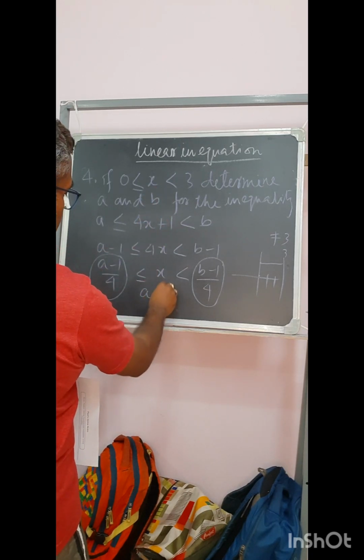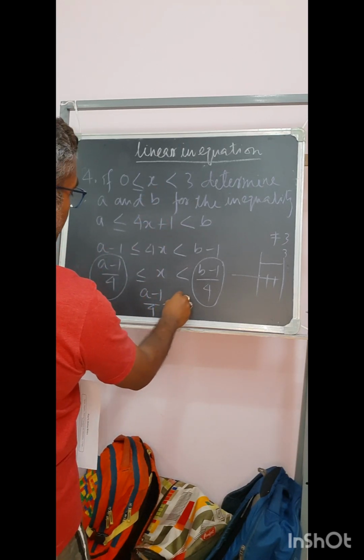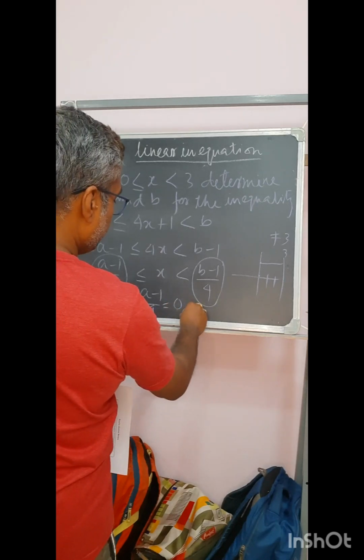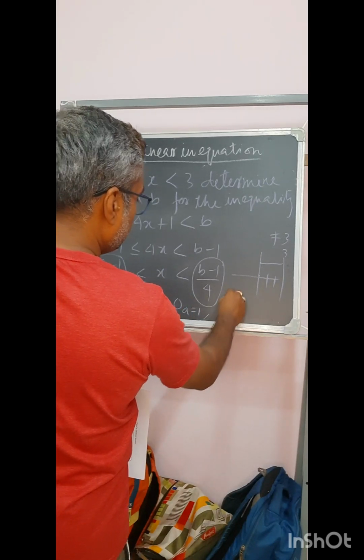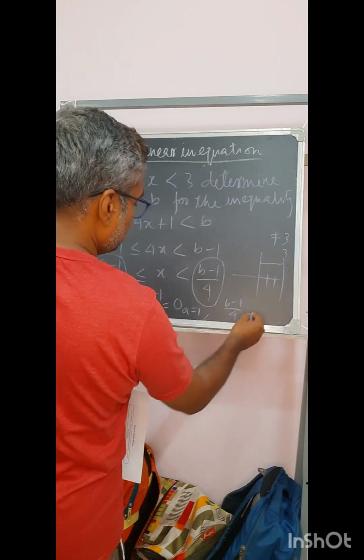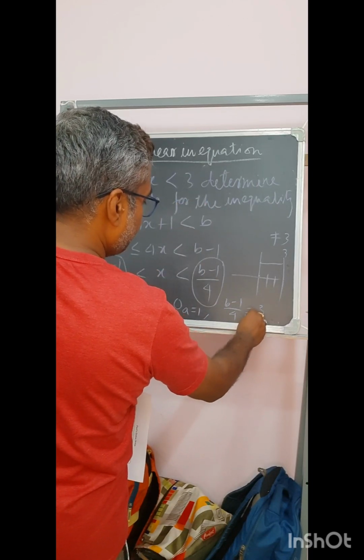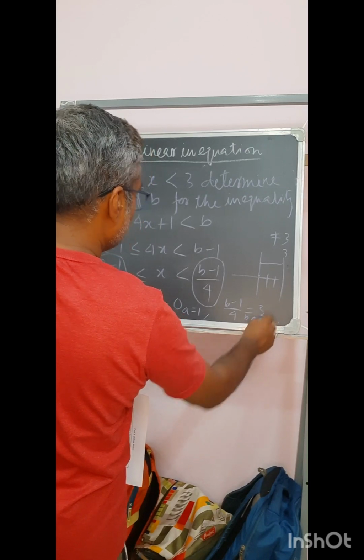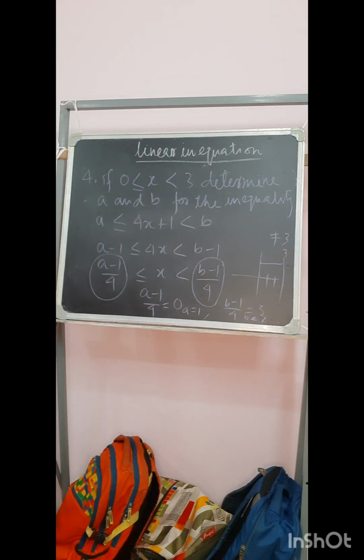So you can say the terminal condition must be 0. So a is equal to 1 here, and this also has to match with the terminal condition 3. So b is equal to 7. So this will be the value for a and b. Okay. So here the linear equation ends.